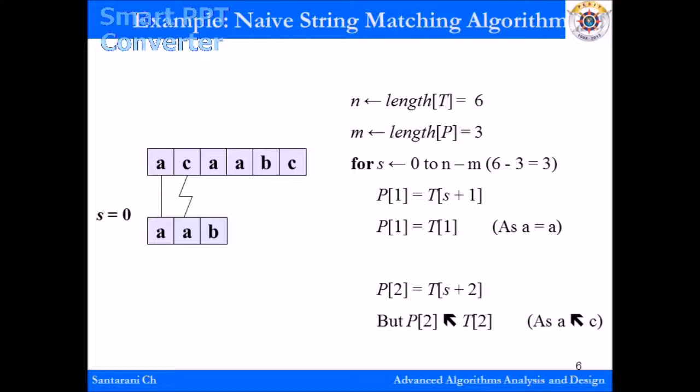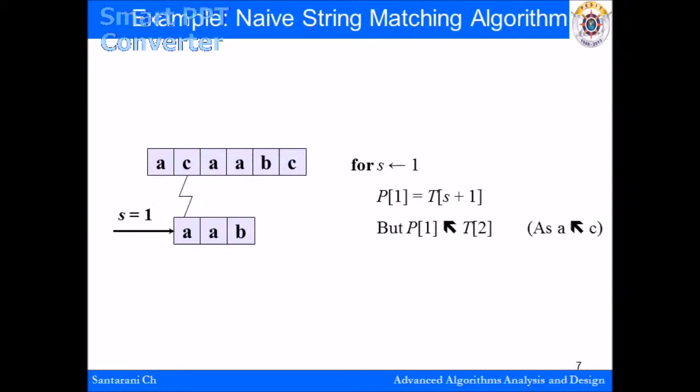For the first shift, s equal to 0, we compare P[1] with T[1]. P[1] is A and T[1] is also A, so there is a match. Again, we go to the next, P[2]. P[2] is A but T[2] is C, hence there is no match.